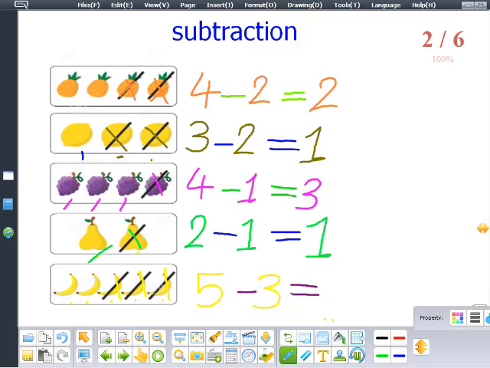We count the remaining bananas. Here we have 1, 2. How many bananas remain? 2. Excellent. So 5 minus 3 equals 2.